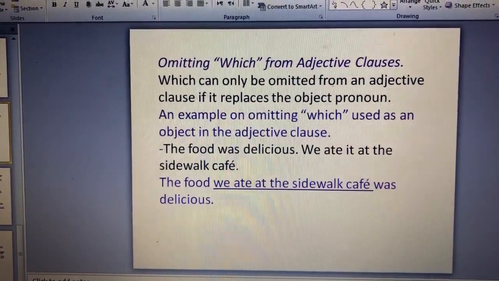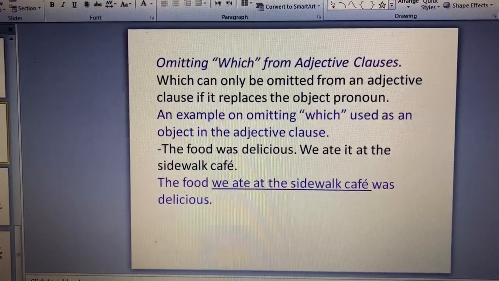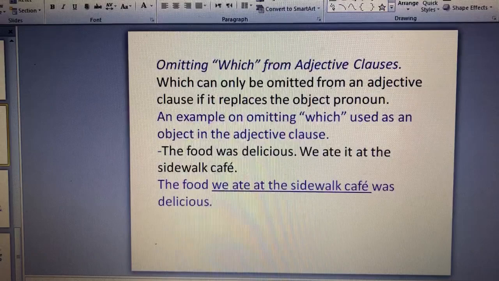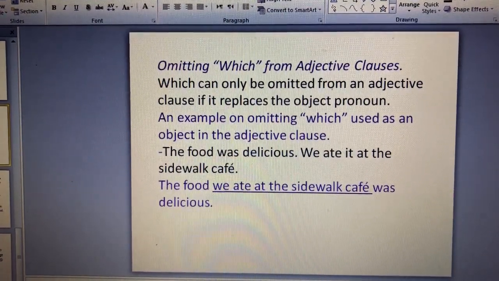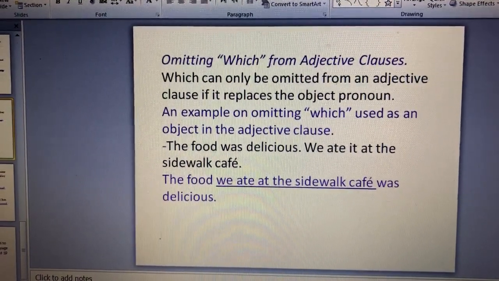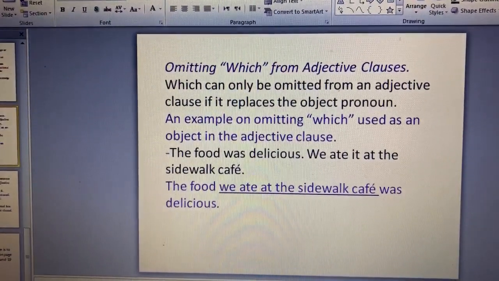And I told you how you will know this. There is a clue word here. If which is followed by a verb, then it's the subject that cannot be omitted from the adjective clause. If which is followed by a subject, then it's an object that can be omitted from an adjective clause.